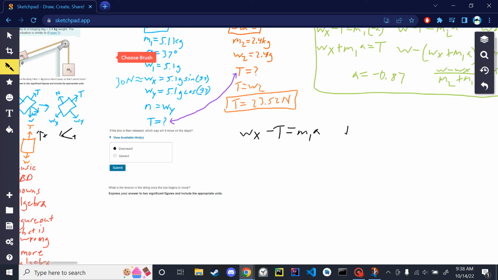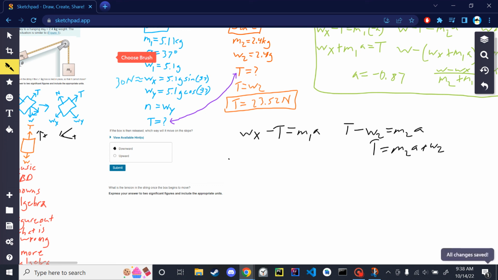And then tension minus W2 is equal to M2 times acceleration. So that means that tension is equal to M2A plus W2.